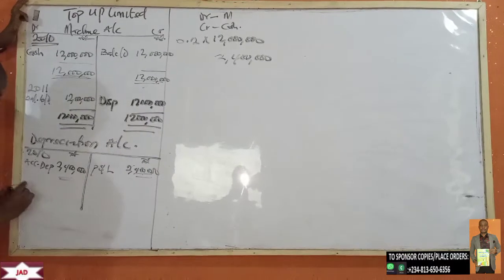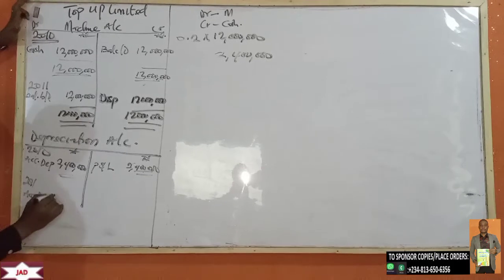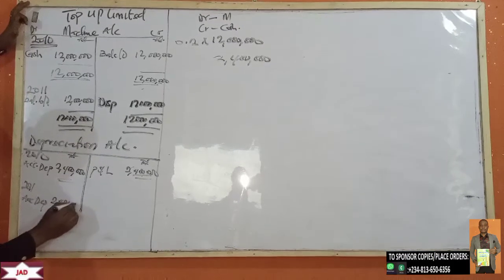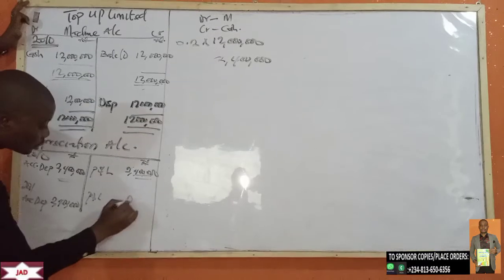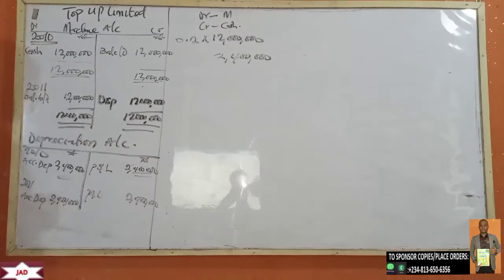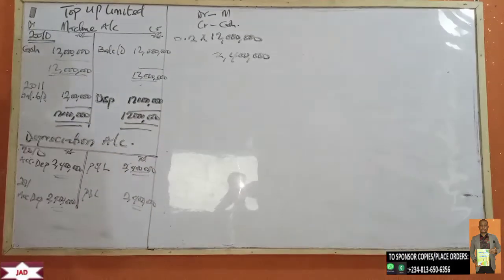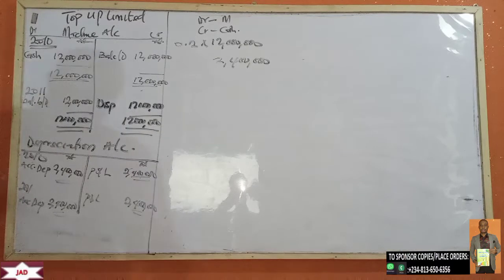That's for 2010. 2011, the same thing. Accumulated depreciation, 2,400,000. Profit and loss will be 2,400,000. Okay. So that is it for the 2 years.